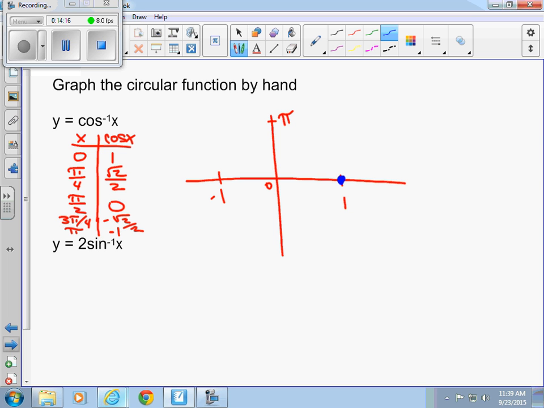At the x value of radical 2 over 2, which is about 0.7, maybe about right here at 0.71, pi over 4 is a fourth of that.